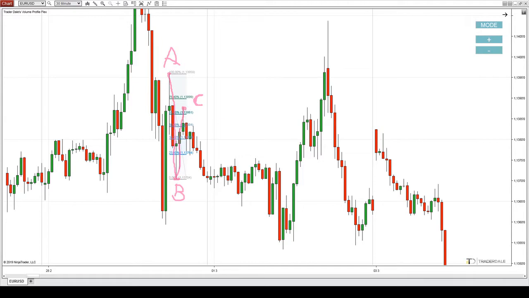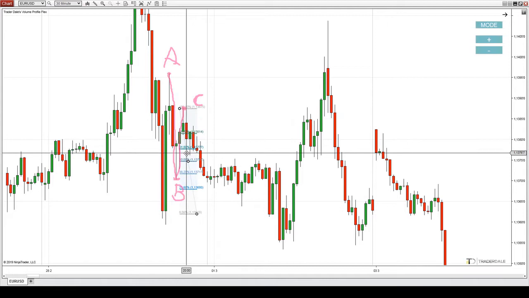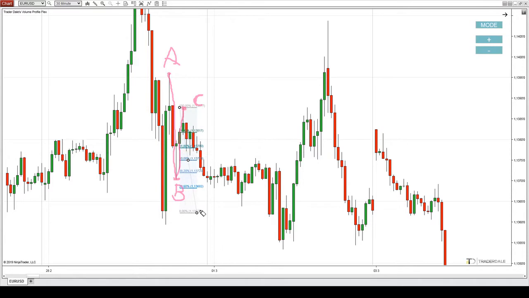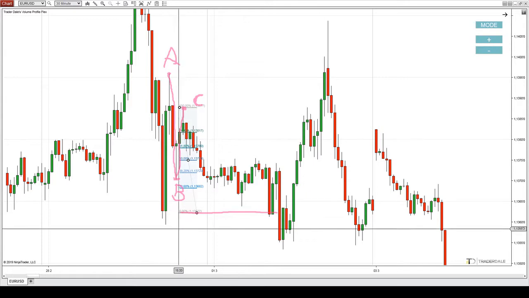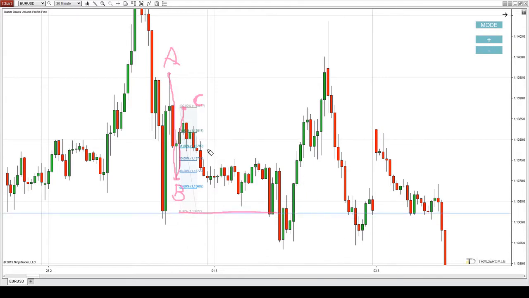So this is the C. So let's move the Fibonacci tool like this, and from C, this is the D line, exactly in here. Alright, so when the price hits the level, this is the point D, and you go long from there. So A, B, C, D, and long.